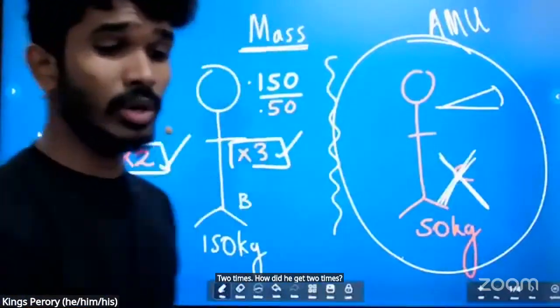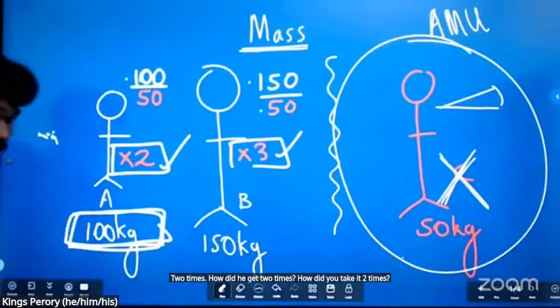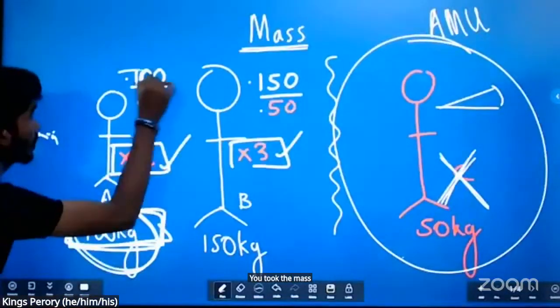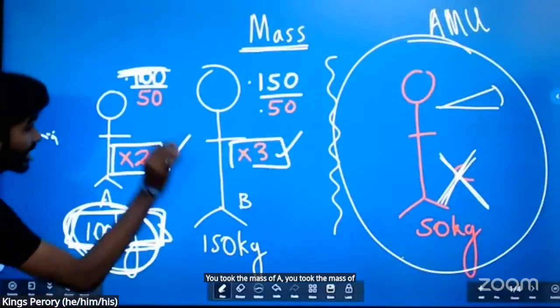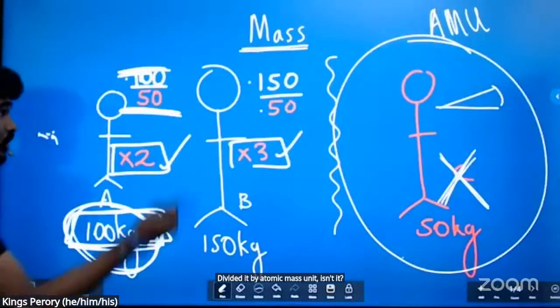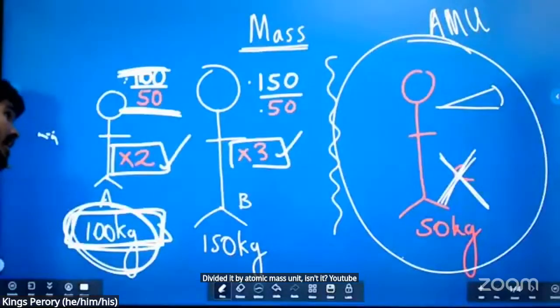How did you get 2 times? You took the mass of A and divided it by the atomic mass unit, isn't it? You took the mass of A, you divided it by the atomic mass unit.